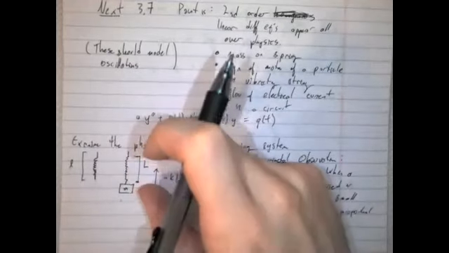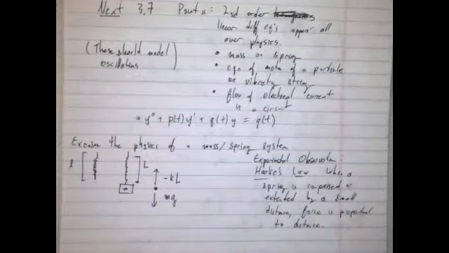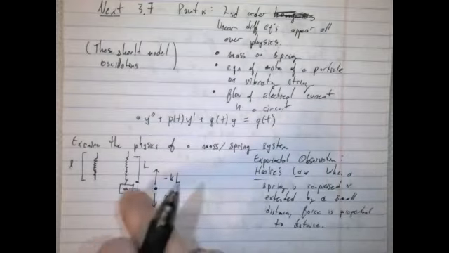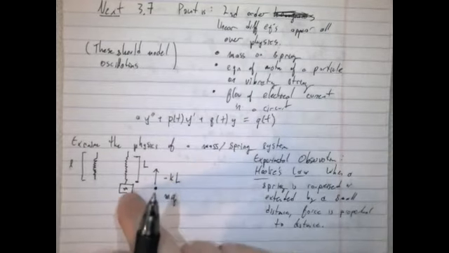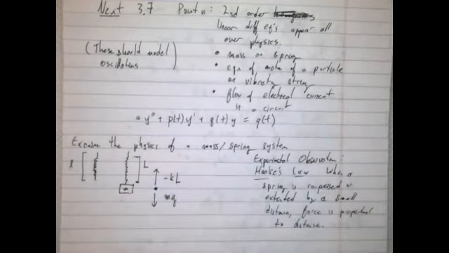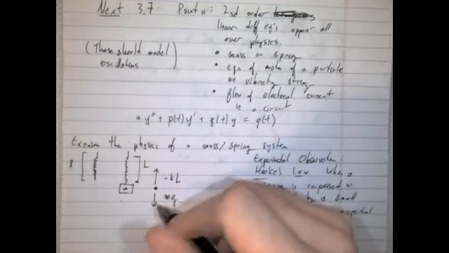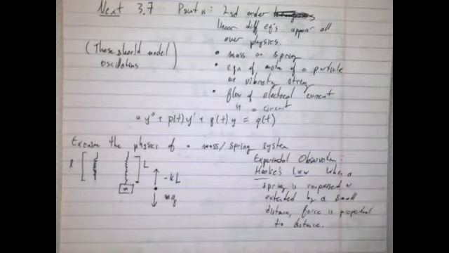And capital L is the new length of the spring in equilibrium when it's not moving, but it is stretched down by the mass. So this free body diagram assumes that nothing is moving here. Is that okay? Yeah, thank you.